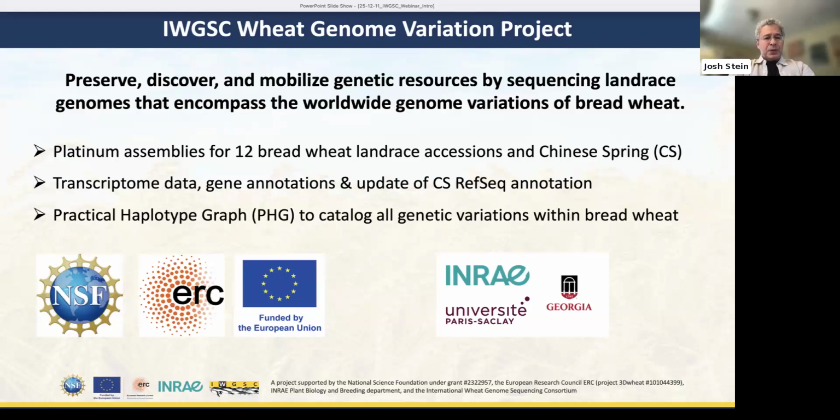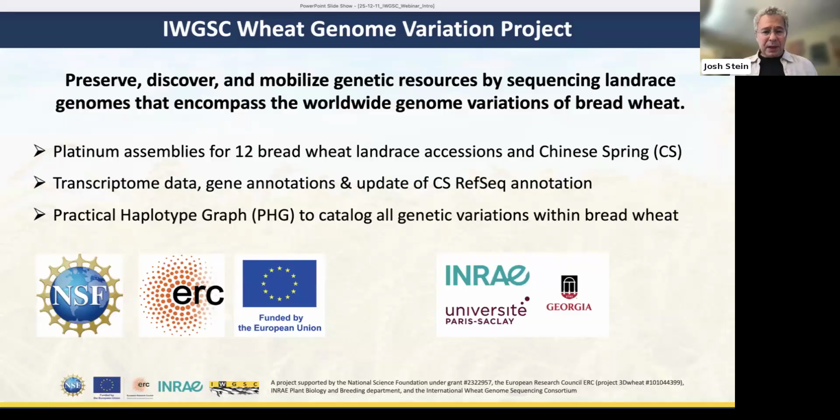The idea is to preserve, discover, and mobilize genetic resources by sequencing the landrace genomes that encompass the worldwide genome variations of bread wheat. For this task, we are sequencing 12 highly diverse landraces, plus we are resequencing Chinese Spring.